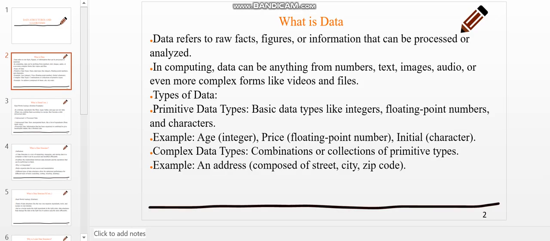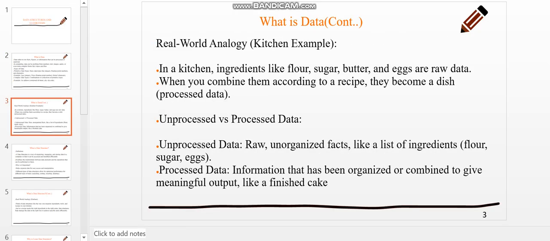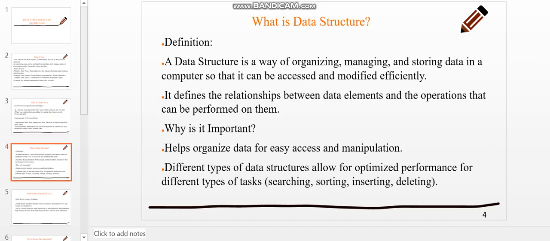Now, as we have seen the kitchen example, what is exactly the data which is relevant to the kitchen and relevant in computing. Now, exactly what is a data structure? We have seen what is data, and now what is data structure.